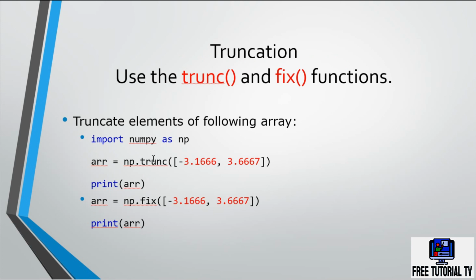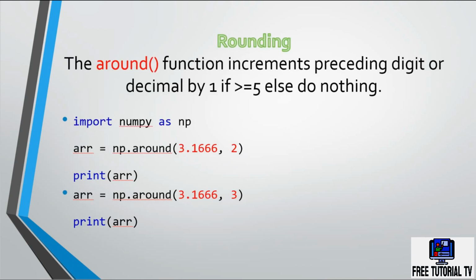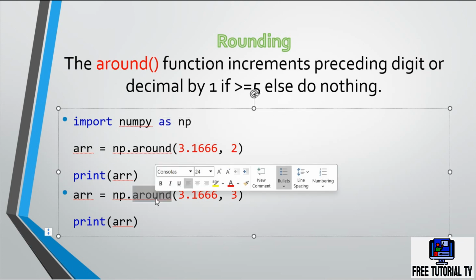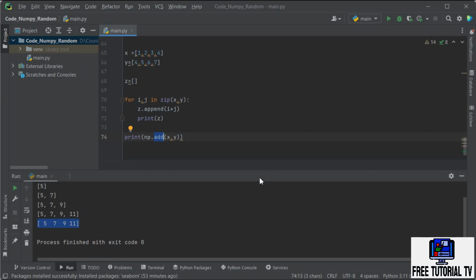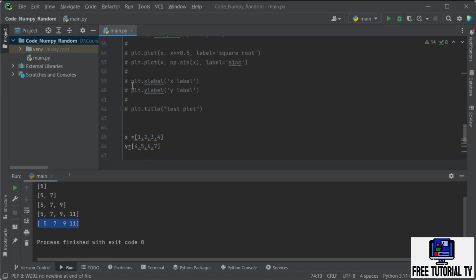You can use trunc or fix, run this code, and see the difference between them. You can also see round: how can you round this value to the nearest value? If it is 3.1, it obviously comes to 3, and if it is something like 3.5, then it goes to the higher value. That's how round works.